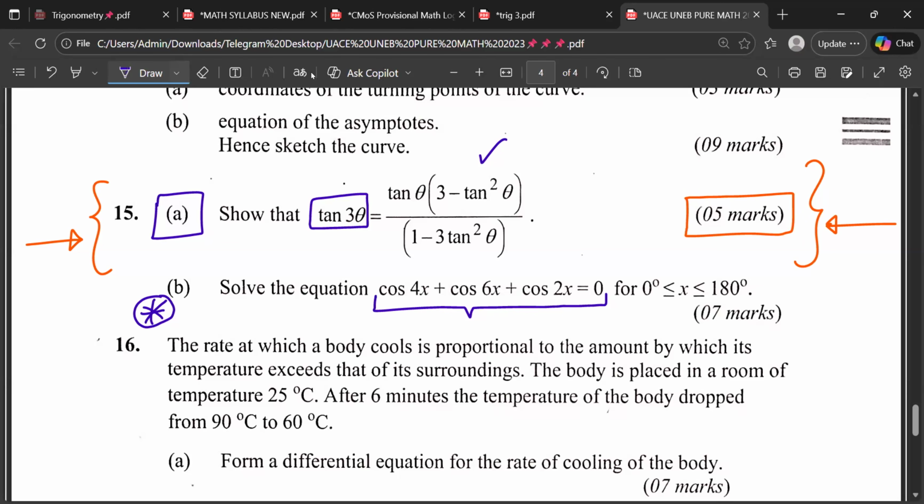I'm waiting for messages in the chat like, it has come out, 5 marks secured, 5 marks bagged, like that.